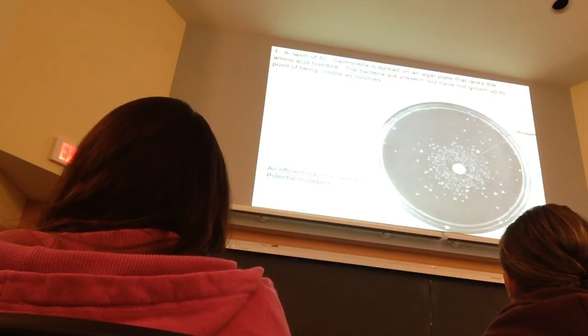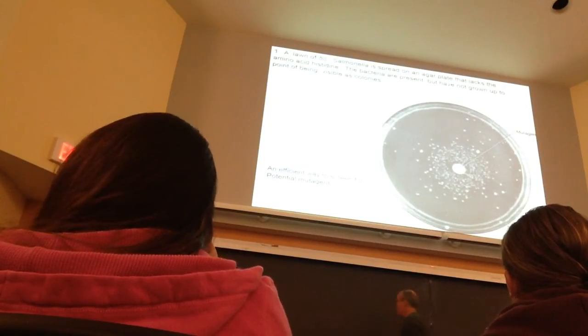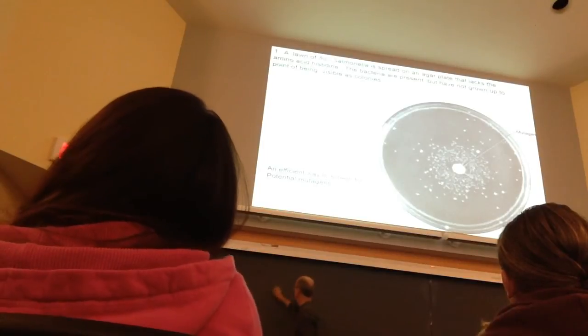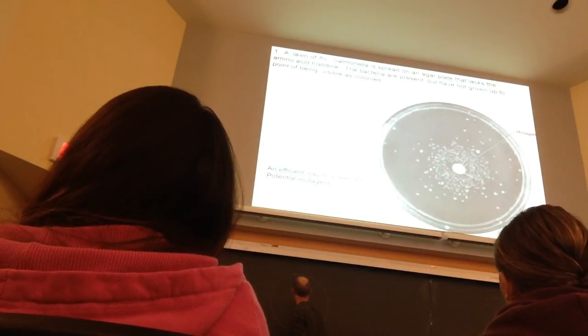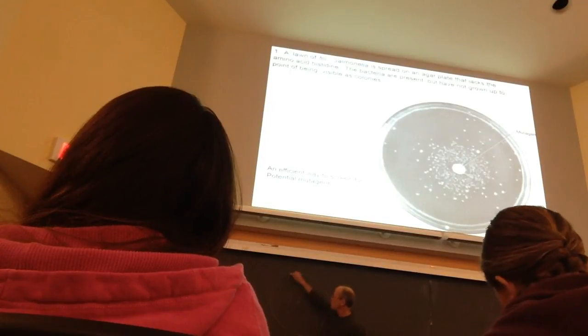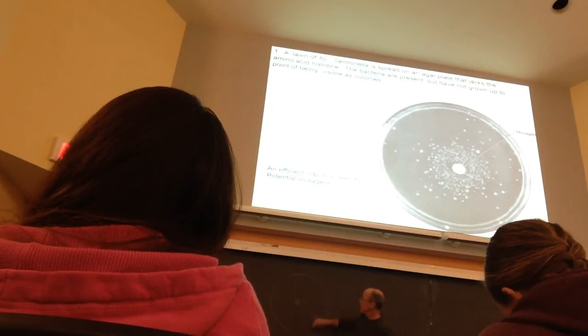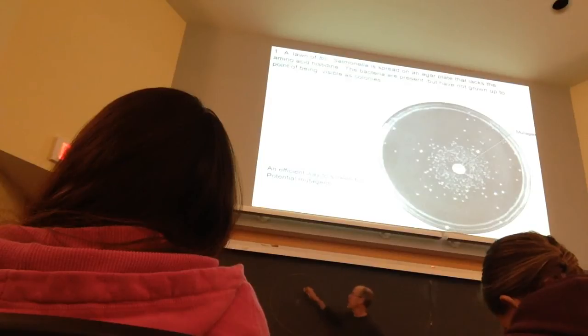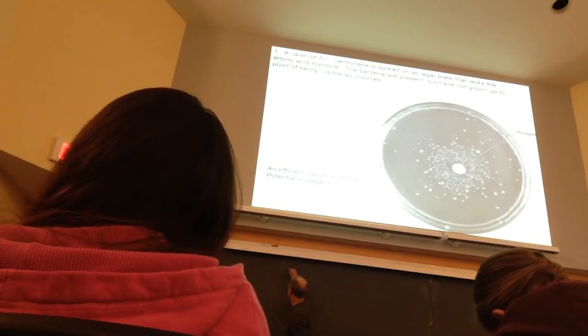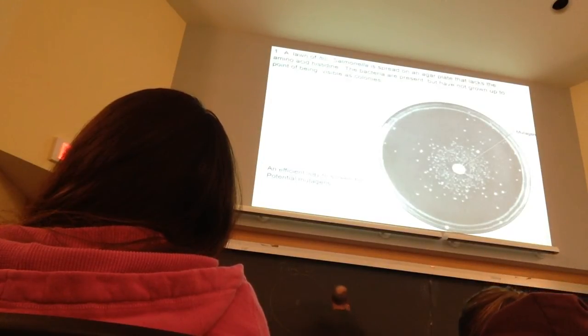And at time 0, there's nothing on that plate. So there's your disc, and you've just swabbed this entire plate with 1 billion organisms at time 0. And then you incubate that plate 24 hours.